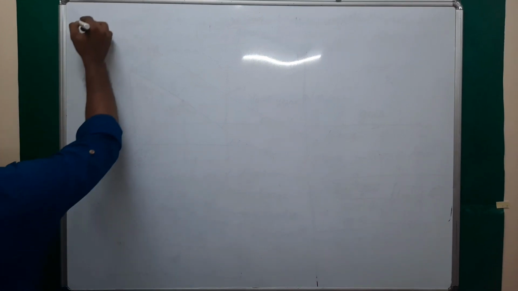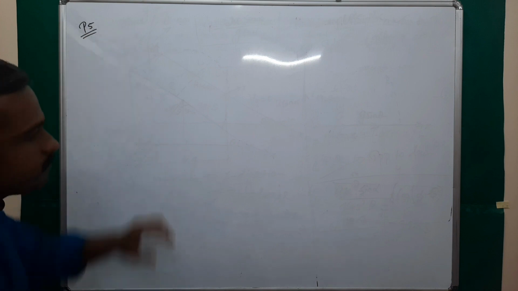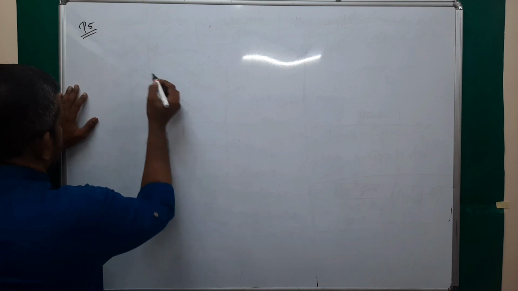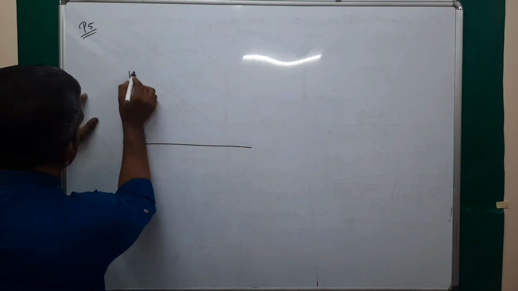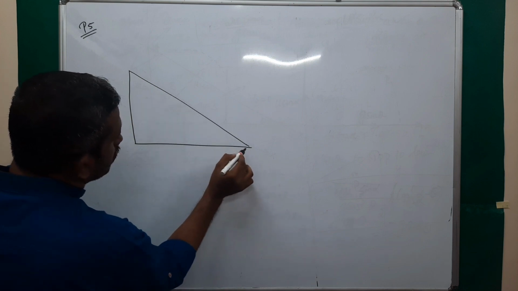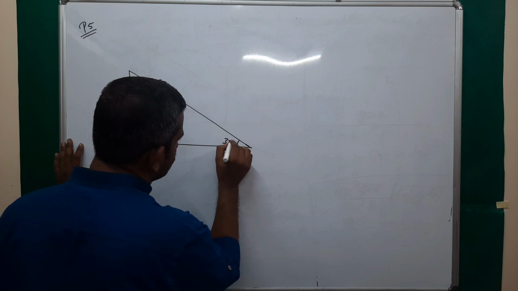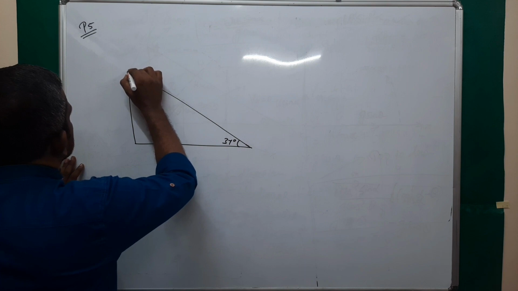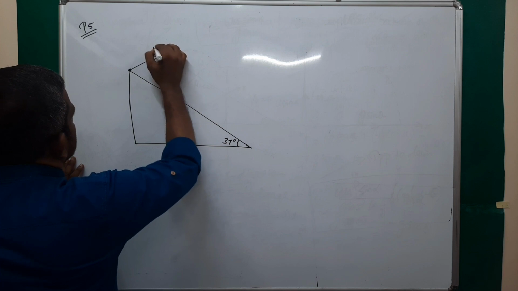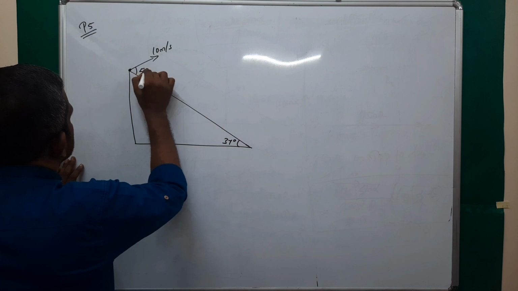So fifth problem. This is an inclined plane of 37 degree. The velocity is 10 meter per second at an angle of 53 degree.